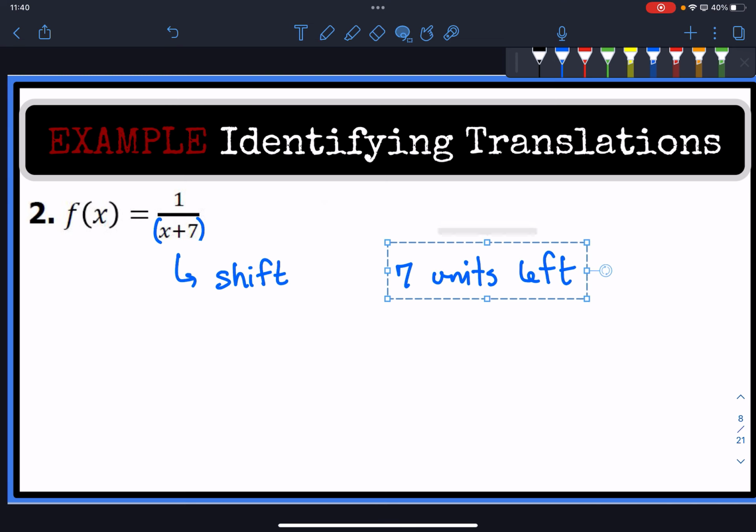The parent function to this is 1 over x, so we're going to shift the 1 over x function 7 units to the left.